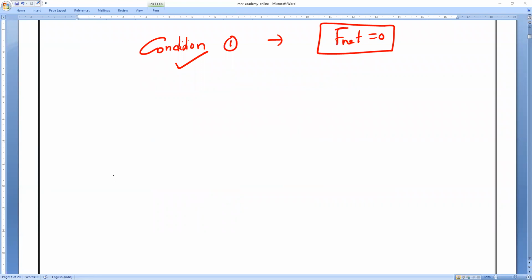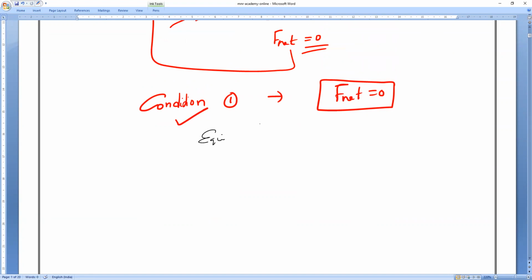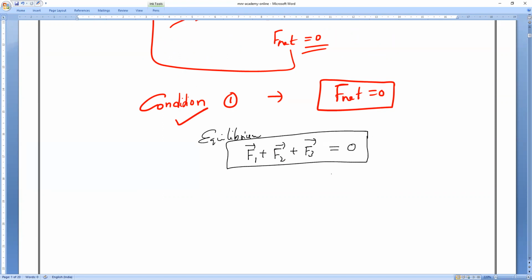Now if you notice, as already written in the heading itself, this is the first condition. If you want to say the body is in equilibrium, check the total applied forces: vector force 1 plus force 2 plus force 3. If I do this, the sum is equal to 0. Of course, F1 and F2 are in the same direction and F3 is in the opposite direction, so it becomes minus F3.